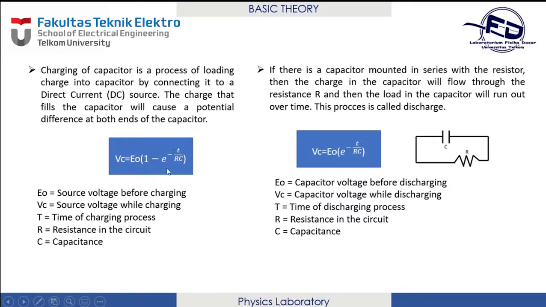So the rest is pretty simple. 1 minus 1 will be 0, and the E0 times 0 will be 0, correct? That's why whenever you want to charge a capacitor or anything that can store charge, it will be 0 at 0 second. The second one, discharging capacitors, is pretty much the same as before.